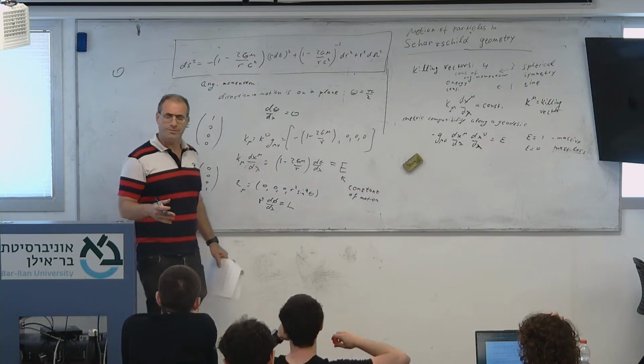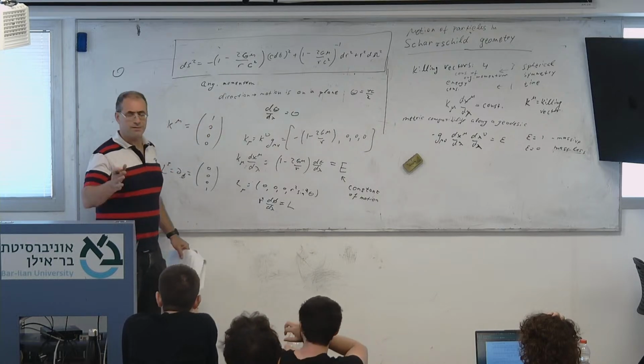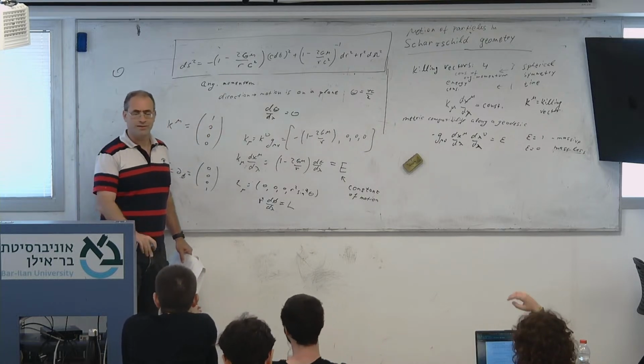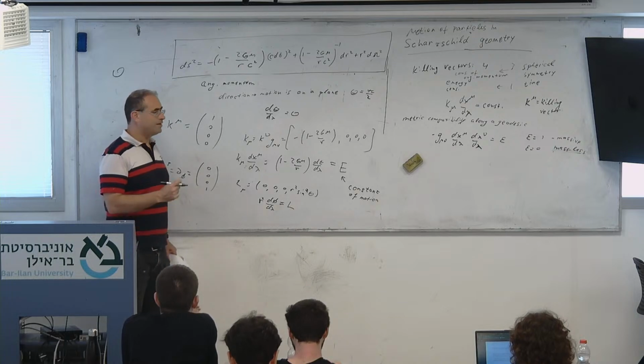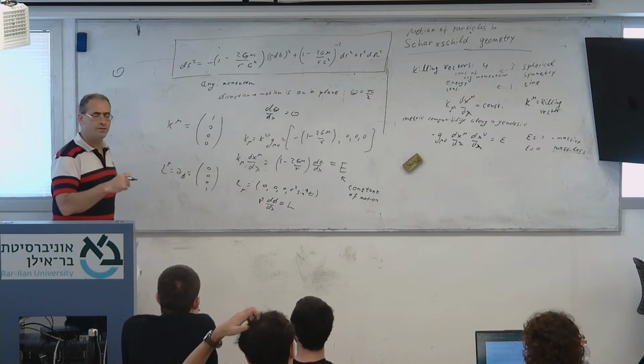Everything should be divided by the mass, but we can absorb it into the definitions of E and L. So E is the energy per unit mass, and L is the angular momentum per unit mass.